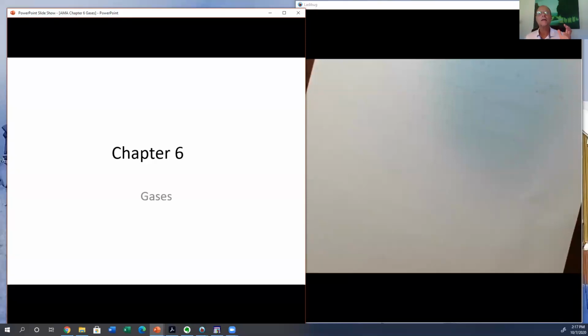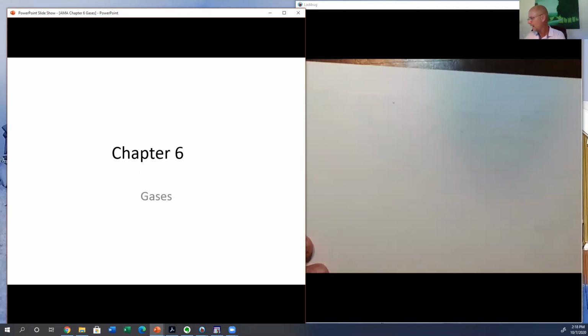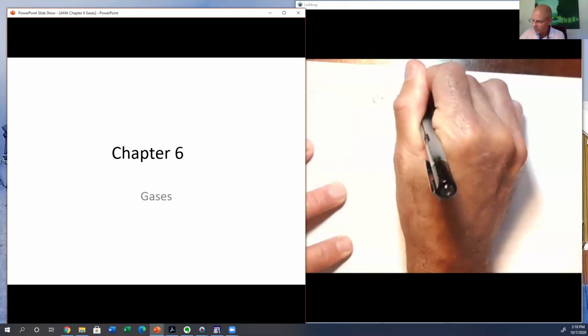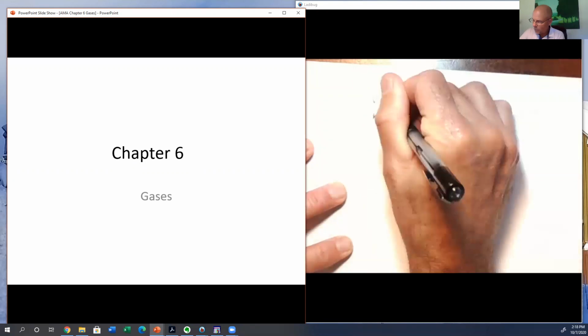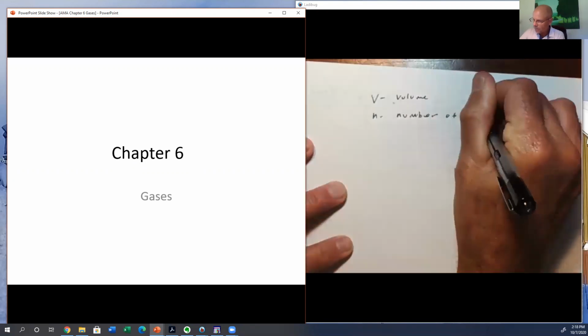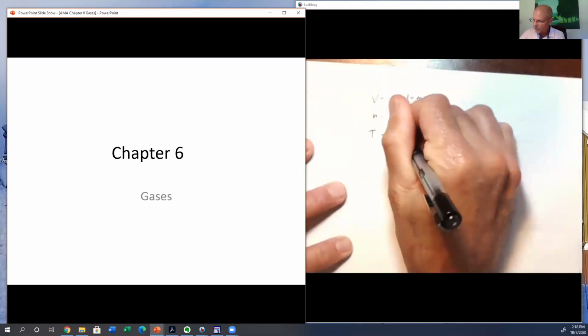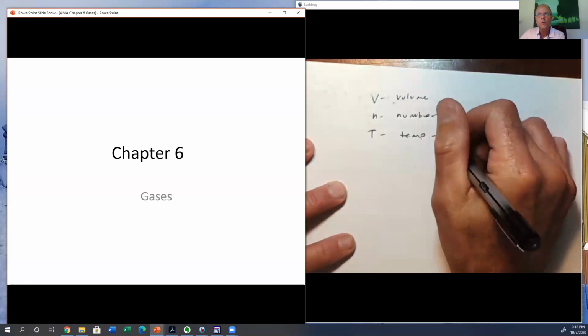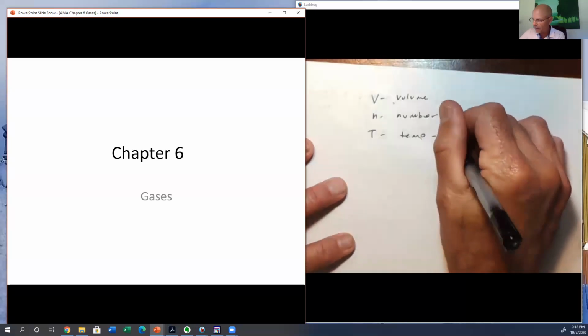Also, in gases, we want to understand their properties a little bit. So you saw in the video that you learned about the different variables that define a gas: V for volume, n for number of moles, T for temperature, and always for gas law problems, you want to work those with the temperature in Kelvin, okay?